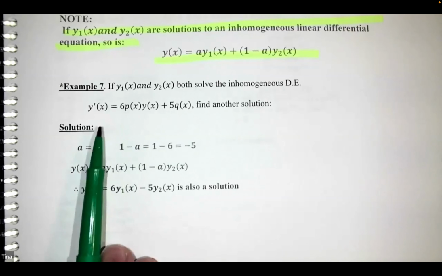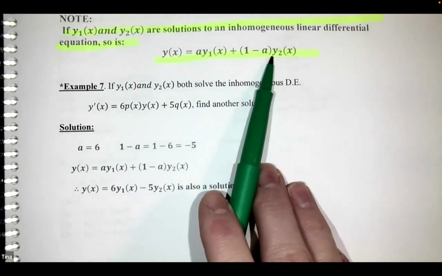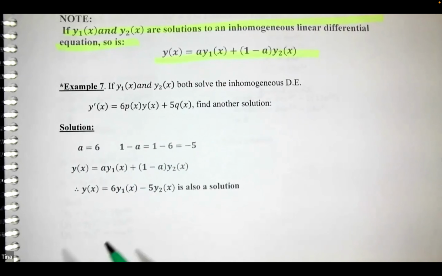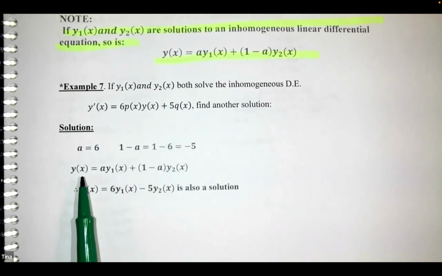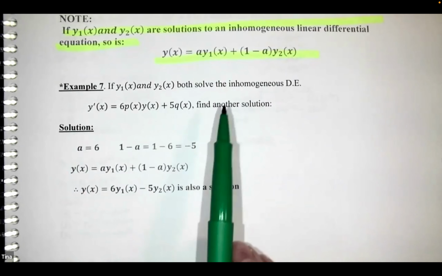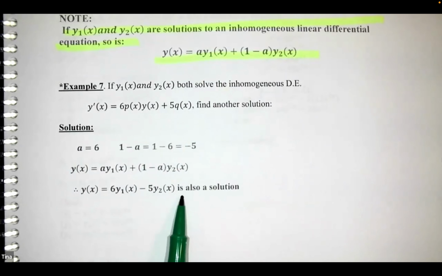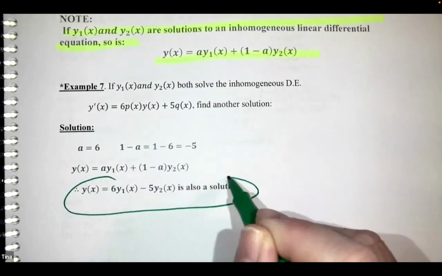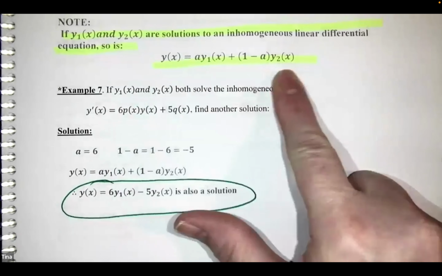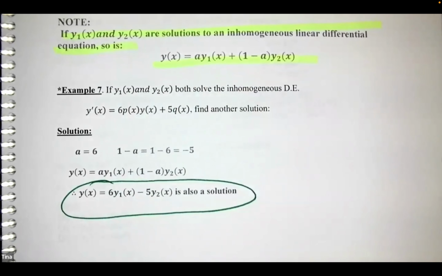One example is, if a is 6, then 1 minus a is 1 minus 6, which is negative 5. And so another solution would be 6 y1(x) plus negative 5 y2(x). This is a way to find another solution that will work. So if y1 and y2 are solutions, so is a y1(x) plus (1 minus a) y2(x).